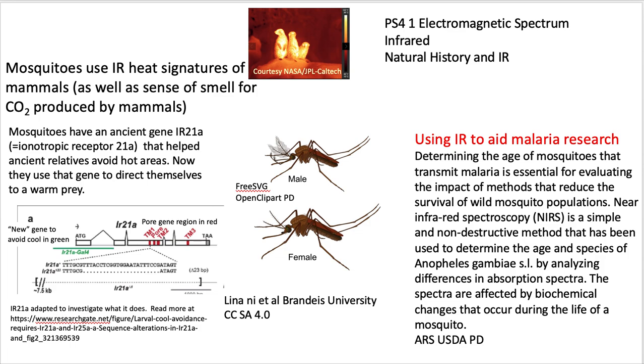And you can also use near-infrared spectroscopy to determine the age and species of different mosquitoes, and the age is significant for transmitting malaria.